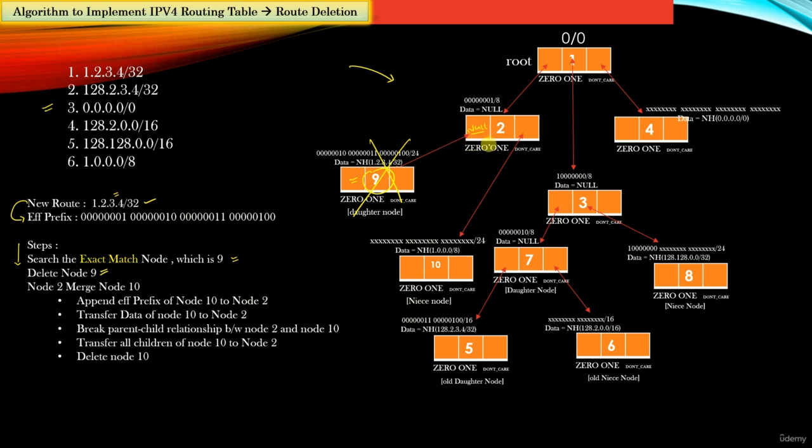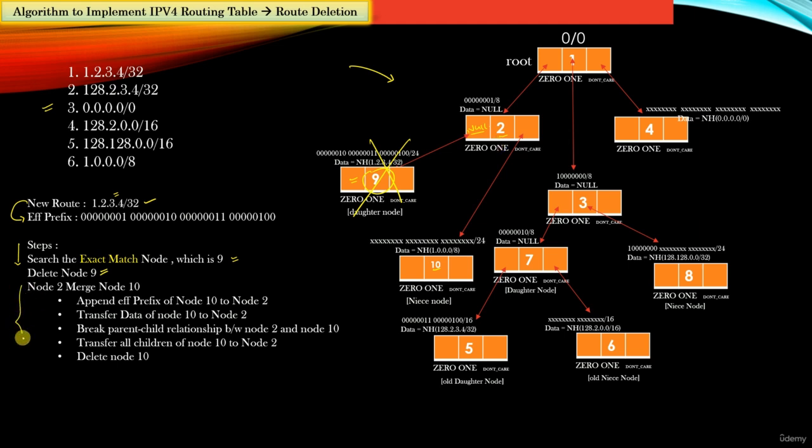It is a node which has exactly one child, and that is now node number 10. So now we need to fix up our M-trie such that node number 2 becomes a full node, that is, a node with exactly 2 children or exactly 0 children. Node number 2 cannot continue to exist as a half node.